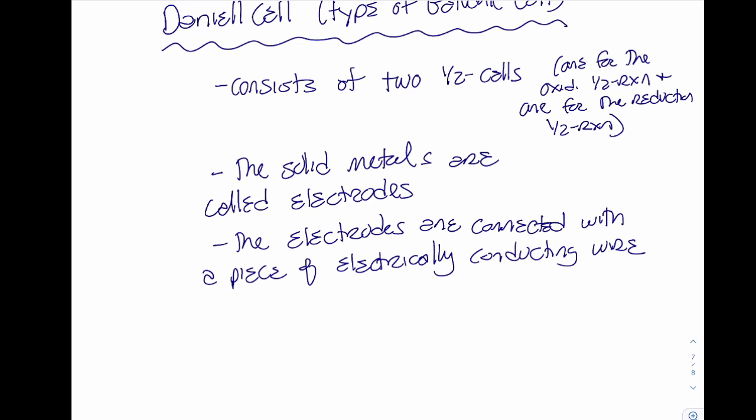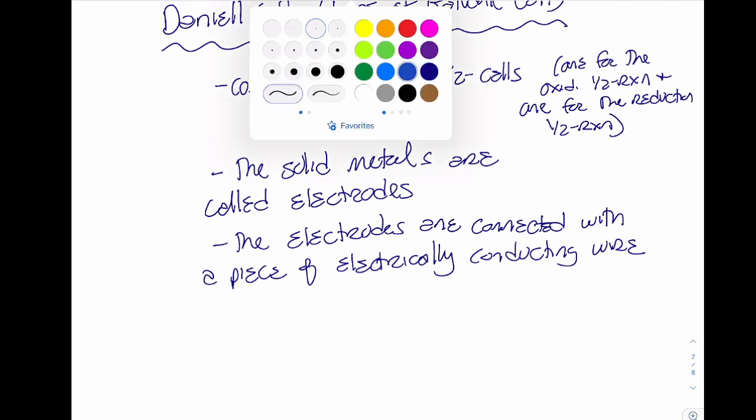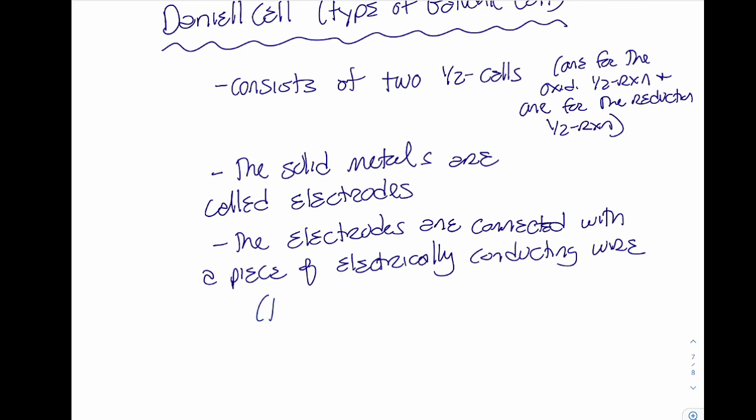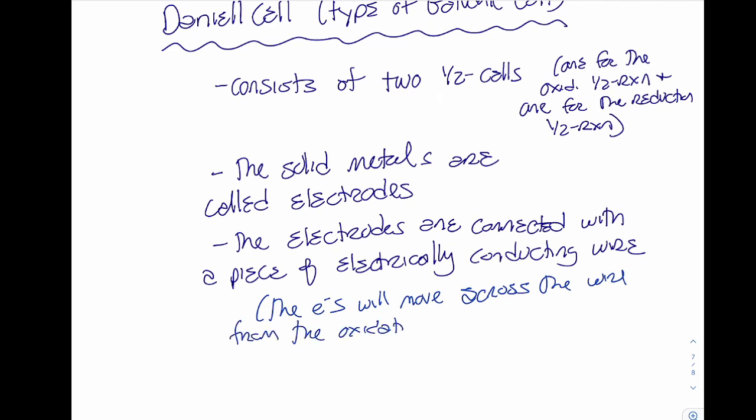That flow of electrons is our electric current. So the electrons will move across the wire from the oxidation half reaction to the reduction half reaction.